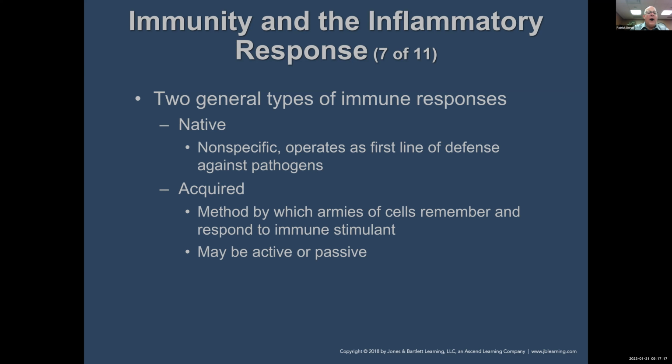And then acquired would be methods that we've gotten through immunizations or illnesses, right? So we can have active or passive. We can have illnesses where we caught influenza strain XYZ, and now we have acquired immunity to influenza XYZ.